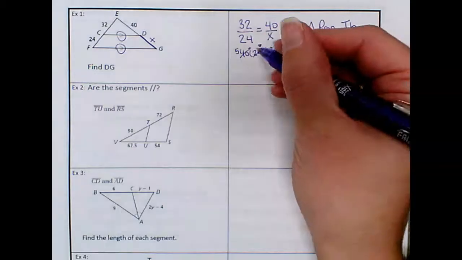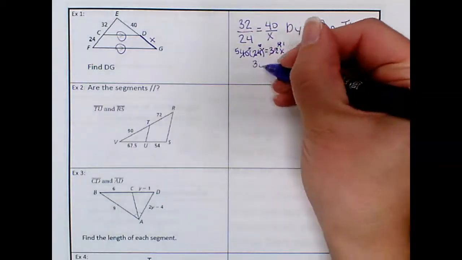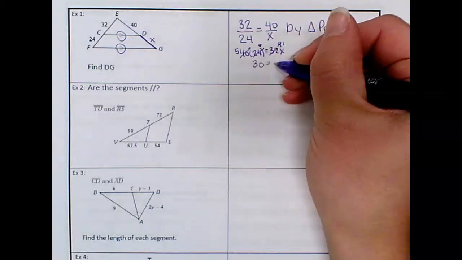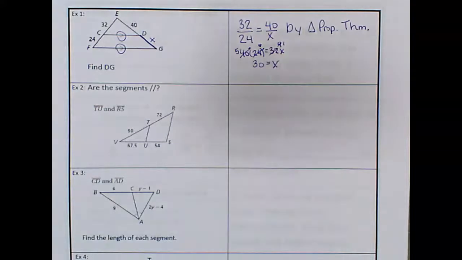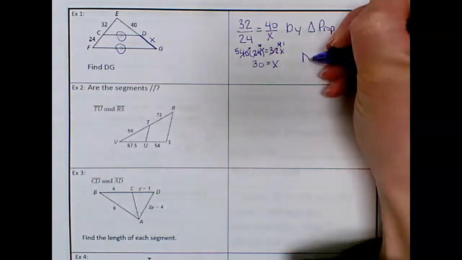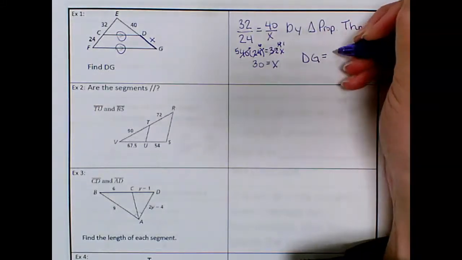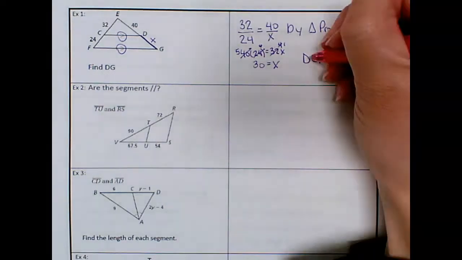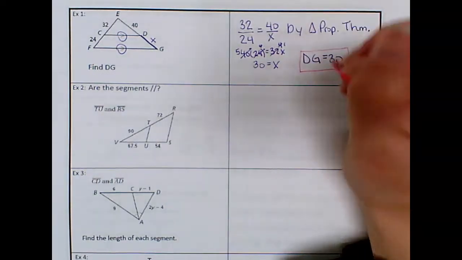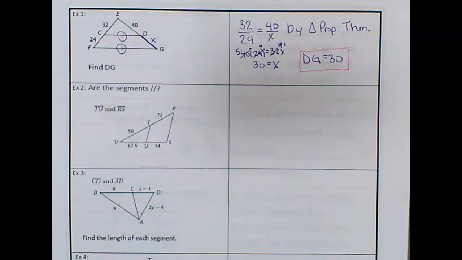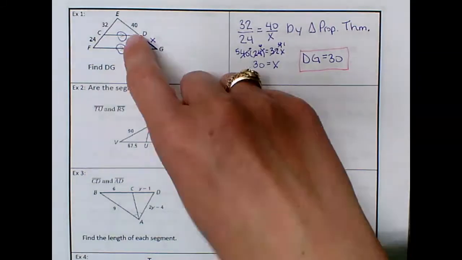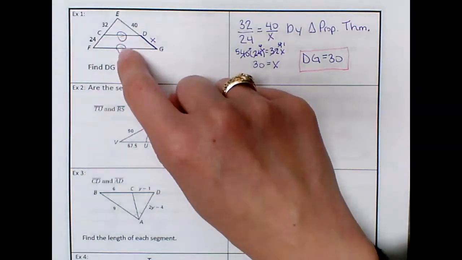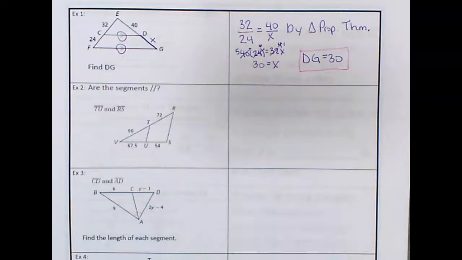So 5 times 6 is 30, and 1 times x is x. So my length from D to G is equal to 30. And there are no units that are given, so I'm going to leave the 30 as it is. So we were able to use these parallel line segments to create a proportion with the sides.